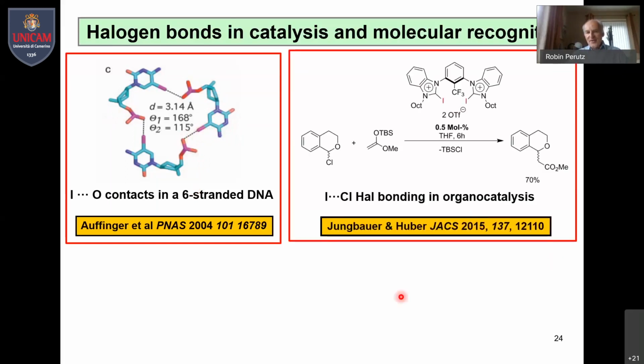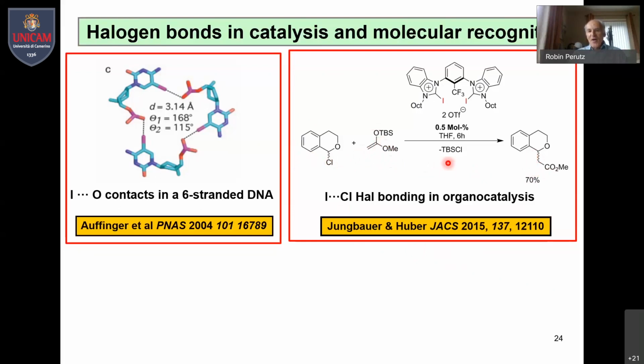The next example on the right here is a catalytic example involving organocatalysis. So here we've got an initial molecule with a carbon-chlorine bond, and we're going to form a carbon-carbon bond which comes from this alkene, and form the carbon-carbon bond there.